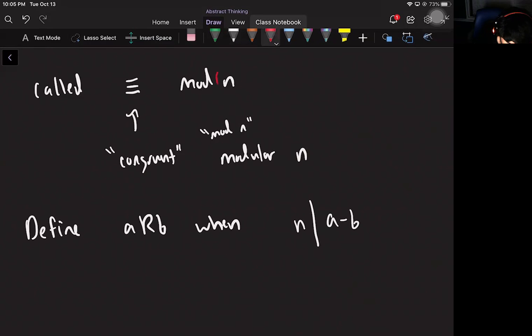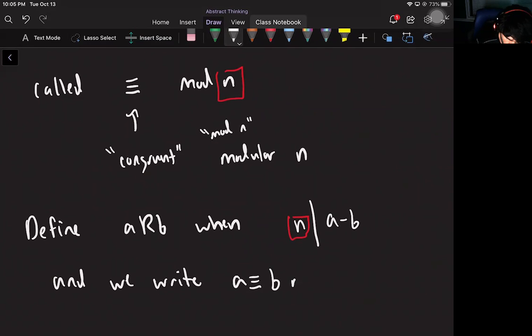So that's the same n as this n here. So it seems a bit weird at first. And then the way we use the symbol when this does happen, so if A is related to B, we write that A is congruent to B mod n when two things are related by this relation.